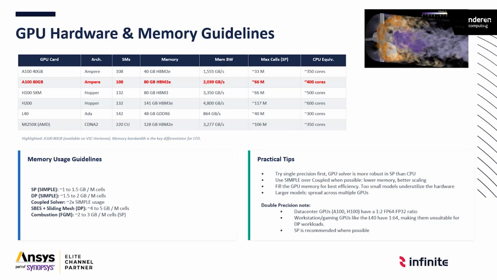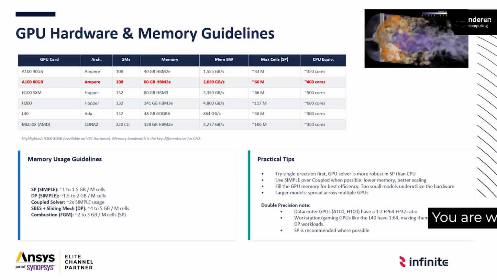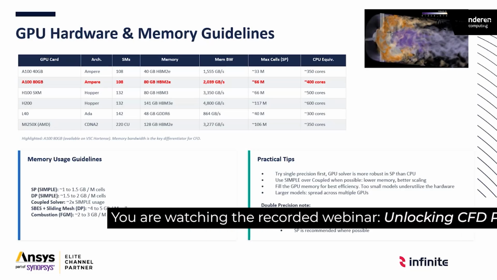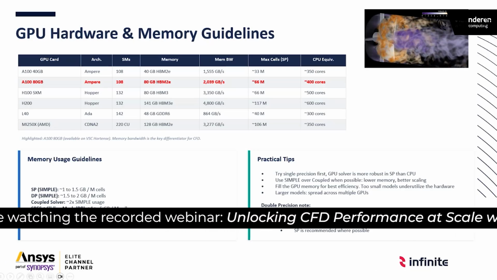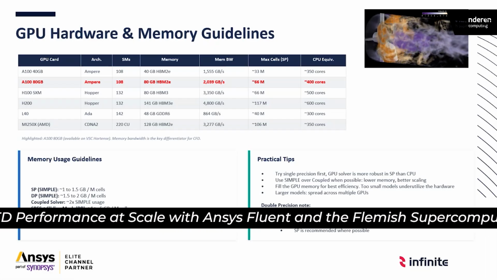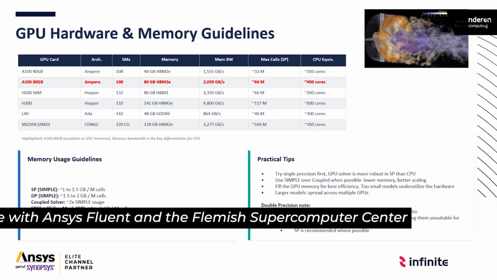So for single precision, it's 1 to 1.5 gigabytes per million cells. If you go to double and a coupled solver, then we have to increase the number of gigabytes per million cells. So these guidelines can be used for your case to get an estimate how many cells you can run on your GPU.